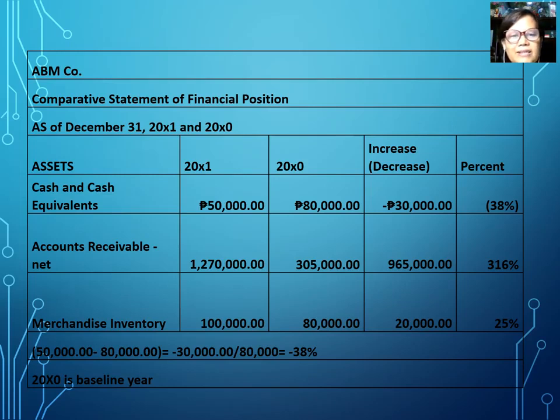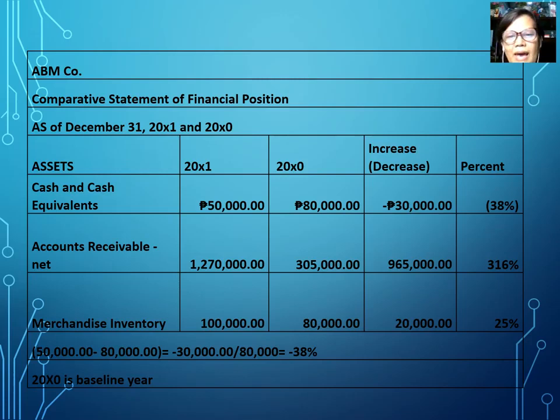Okay, let's start with cash and cash equivalents. In 20x1, it has a balance of 50,000. And in 20x0, its balance is 80,000 pesos. So, this means that there is a decrease of 30,000 pesos.